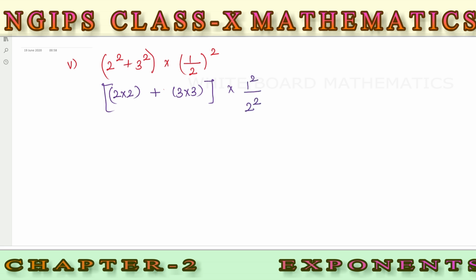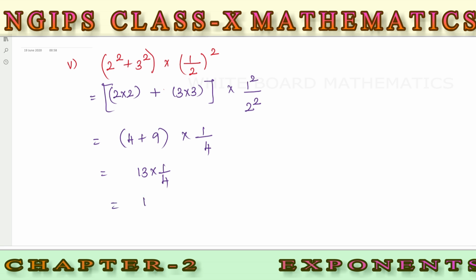So 2 square value is 4, plus 3 into 3 is 9, into 1 divided by 1, 2 2s are 4. So here 4 plus 9 is 13, into 1 by 4, it is nothing but 13 by 4.